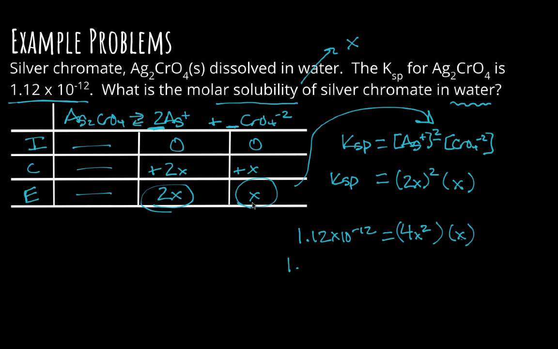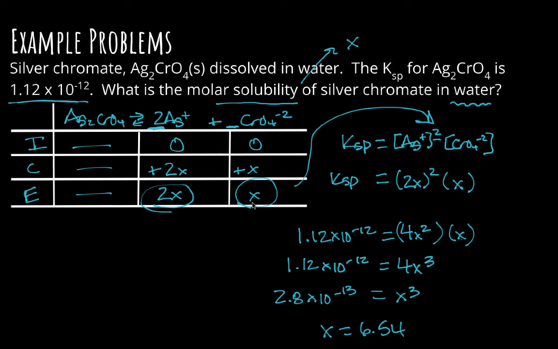So 1.12 times 10 to the negative 12 equals 4x to the third. So you're going to divide both sides by 4. You end up with 2.8 times 10 to the negative 13 equals x to the third. Then when you solve, x is equal to 6.54 times 10 to the negative fifth.